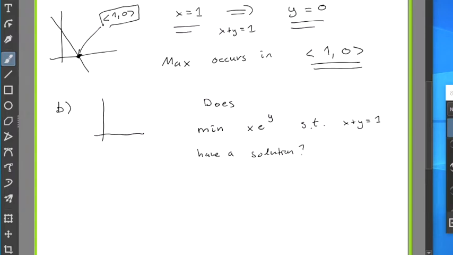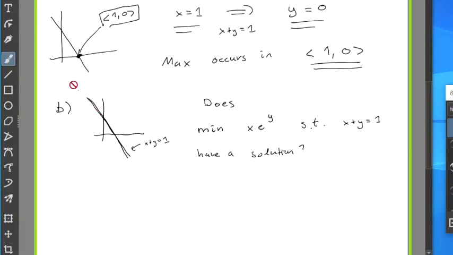Okay, and now we have to think a bit creatively. The set of points that we have at our disposal is the line x plus y equals 1. So that's this line. Notice that if we move on the line in this direction, we would make y become infinitely large. So that means that e to the y becomes infinitely large.